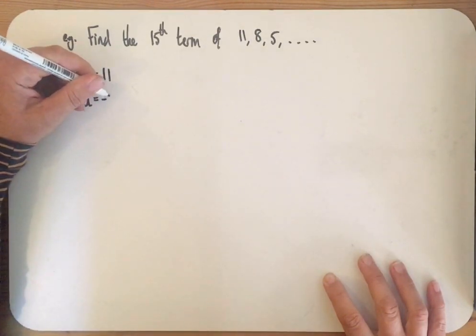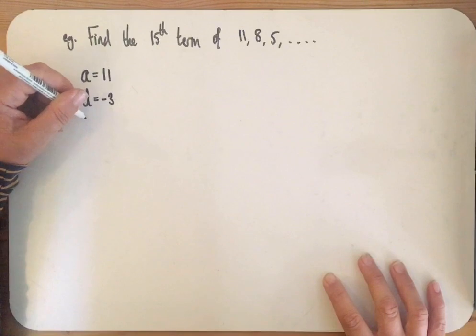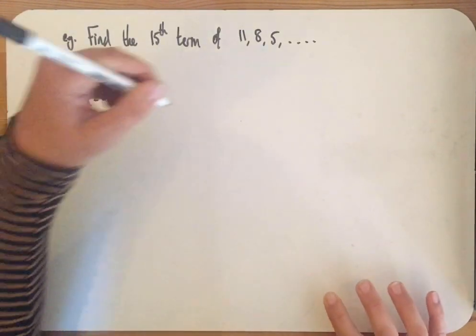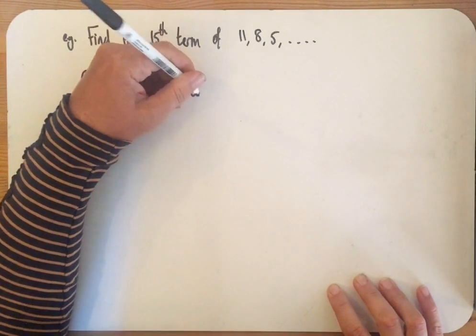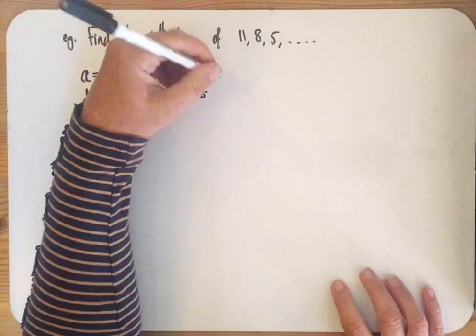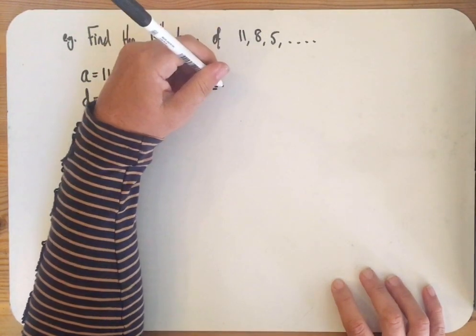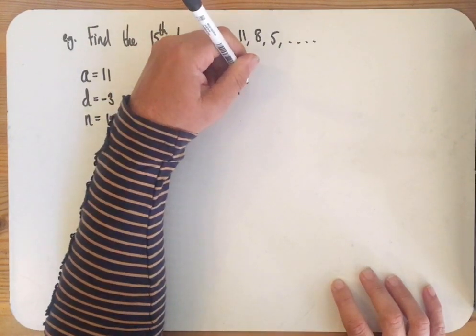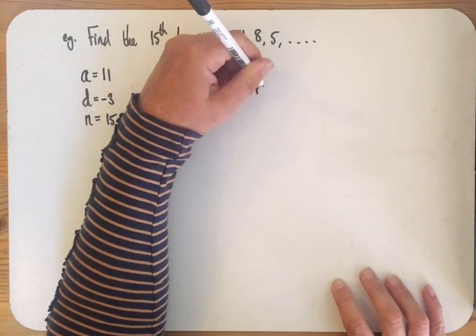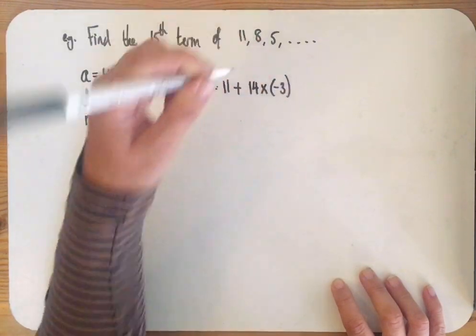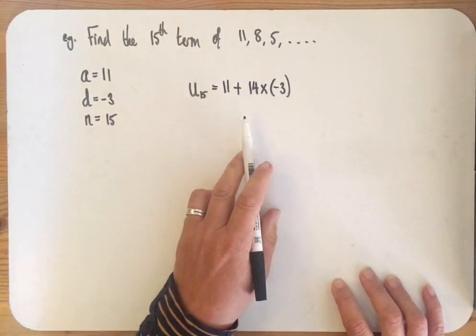D is minus 3. We want the 15th term, so we can set n equal to 15. And then remember, notation for the 15th term is u subscript 15. And that's equal to A plus n minus 1, which is 14, times D. The only errors I see here are BIDMAS errors, and I mean that quite seriously.